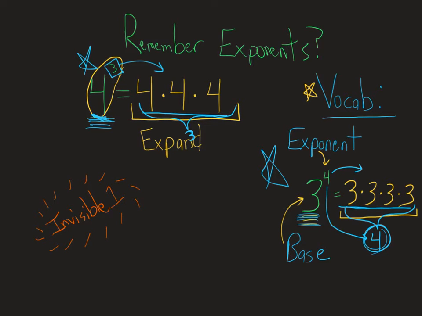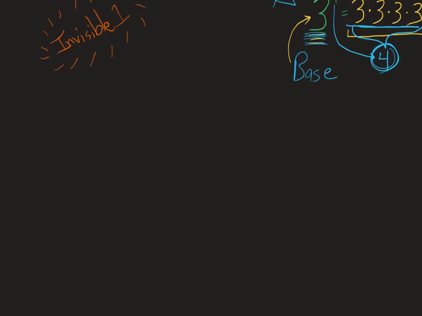Okay, so what I repeatedly will see is something along the lines of this. If we write 2 to the 5th, the correct way to do this is to expand and say there are 2's being multiplied, and how many of them is 5.